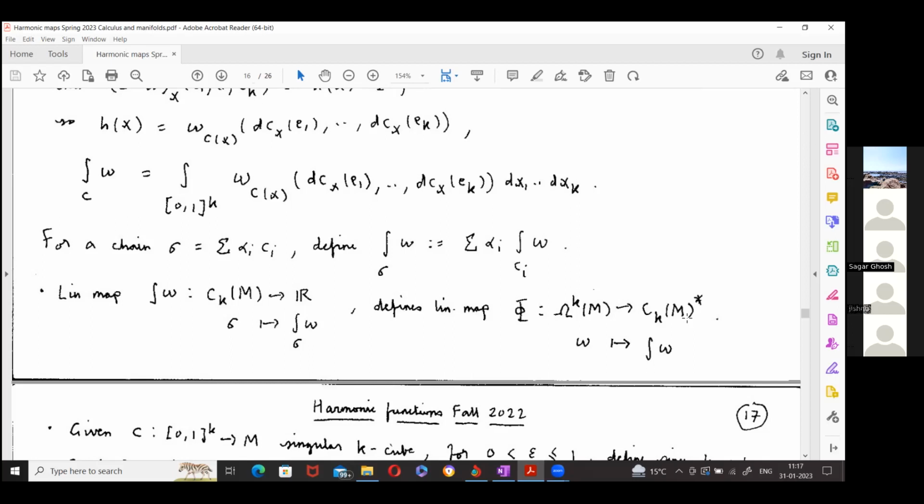What do you mean by the dual of k-chains? Well, this C_k(M) is a vector space, right? So it's just its usual dual, the set of linear functions from the vector space to R. Just the dual space of a vector space. Yeah, that's fine. I'm just trying to see what it looks like.